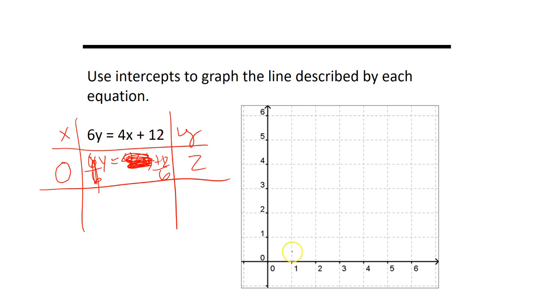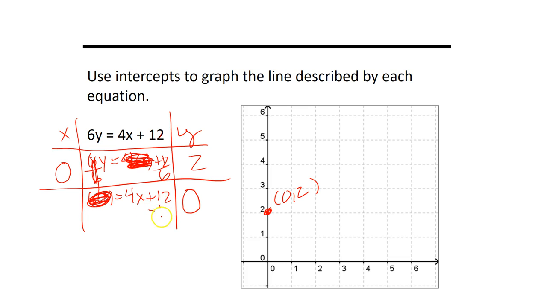So I've got a point at 0 and 2. So there's an ordered pair at 0 and 2, which is right here. So I'm just going to sketch that point and then draw the ordered pair like that. And then I'm going to use the x-intercept and set y equal to 0. So here I've got 6 times 0 is equal to 4x plus 12. Well, I need to solve this for x. So I know that this side is 0. So I need to get x all by itself.